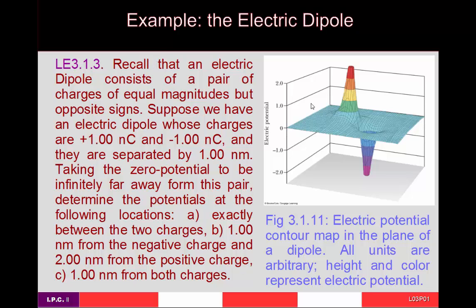Alright, for our next example, we consider a dipole, which is a pair of charges that have equal magnitude and opposite signs. This, by the way, is the electric potential contour map for that. Basically, a contour map means that anything that's at the same height here has effectively the same potential.